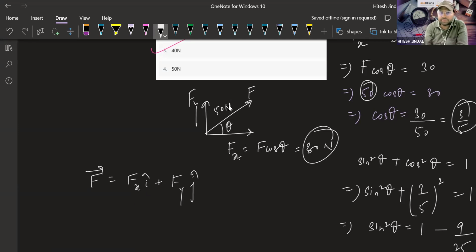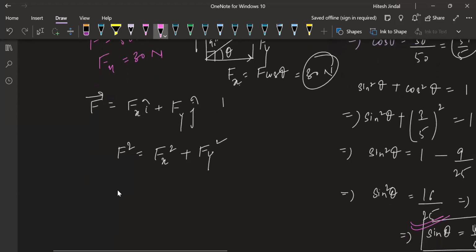So here you see these are perpendicular, so if this is Fy then this is also Fy, right? So can I write that F square is equal to Fx square plus Fy square? Tell me, can we write this or not? F is 50 Newton, Fx is 30.